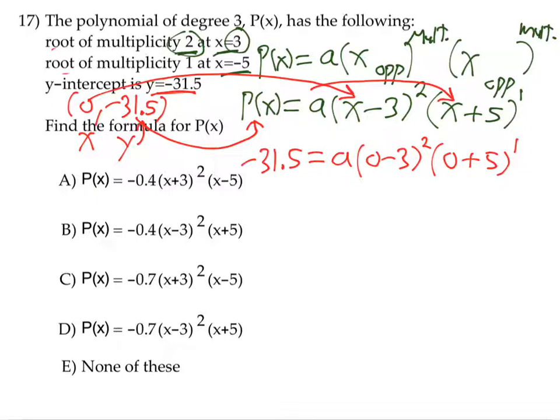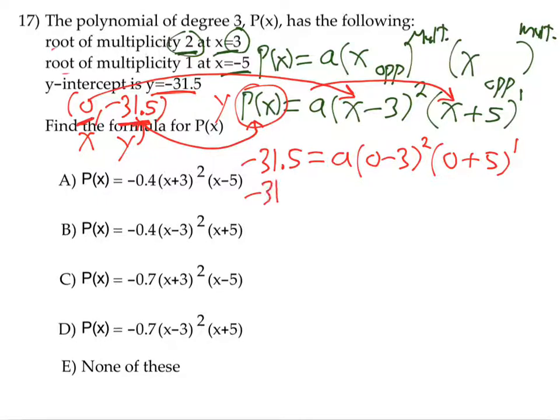We're going to solve for a now. See what I did there? I plugged in x is 0, at the same time y, function values are y values, is negative 31.5. That's what a y-intercept means. At a y-intercept, the x is 0.